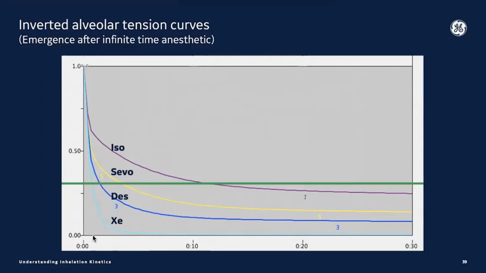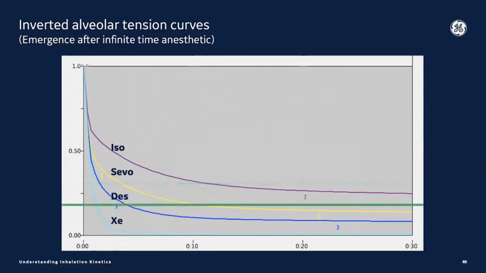This is getting down to 33%. It's about the time that the patient will open his or her eyes. If we want the patient more awake than this, we might want to look at how long it takes to get down by 80%. In that case, all of a sudden we get this tremendous discrepancy of washout times.